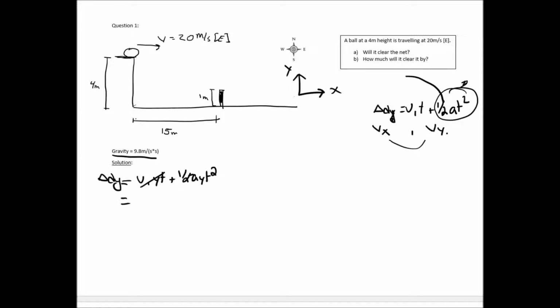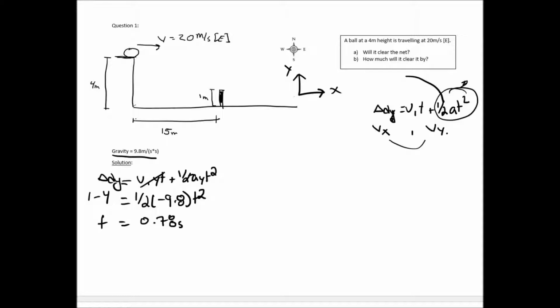You can get it by 1 minus 4 equals 1/2 times minus 9.8 t squared. If you solve for t, you'll get t equals 0.78 seconds.